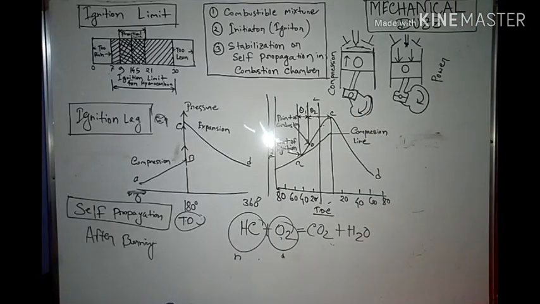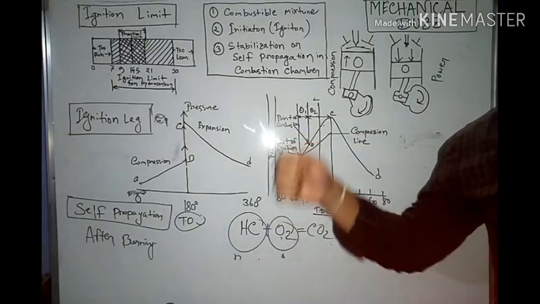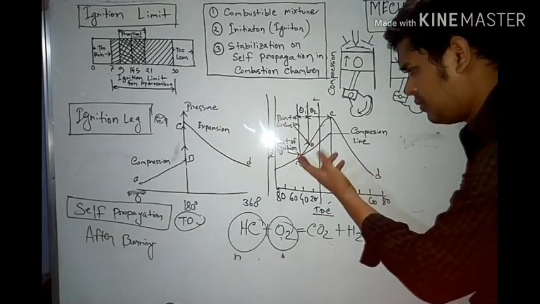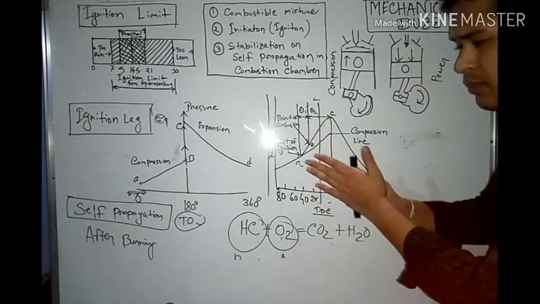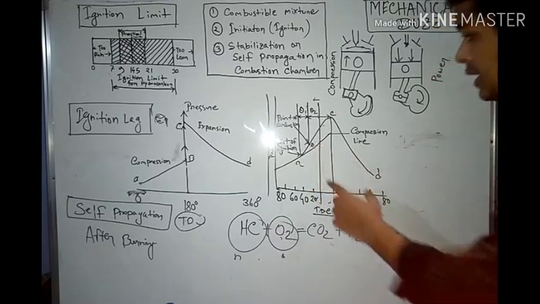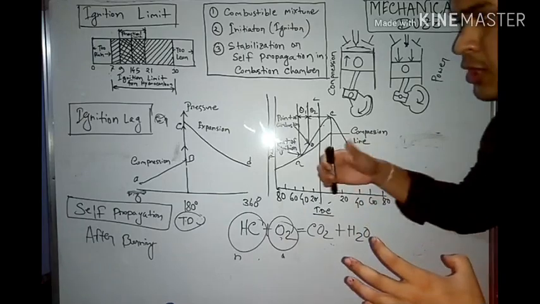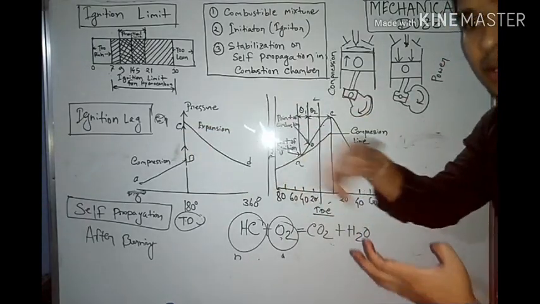Okay, that's why ignition is not always the power stroke. From here to here, after the ignition lag, the self-propagation starts from point B, and it is creating a wave inside the cylinder, taking place all over the combustion chamber.